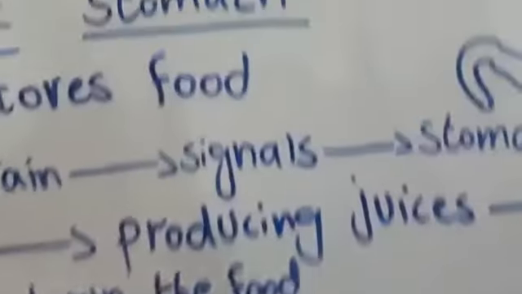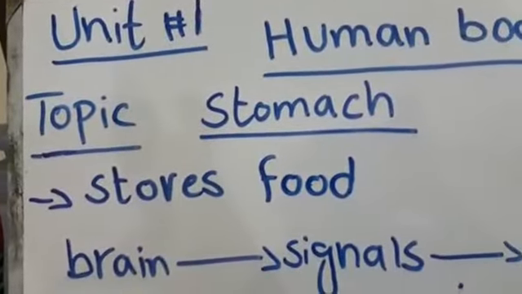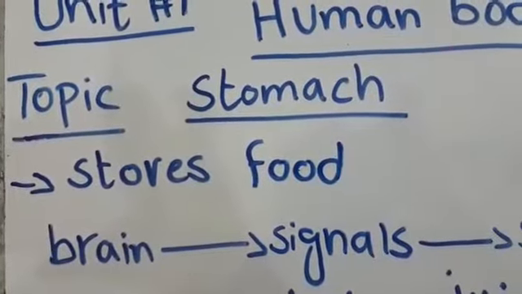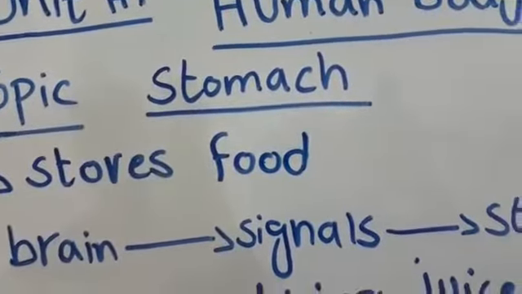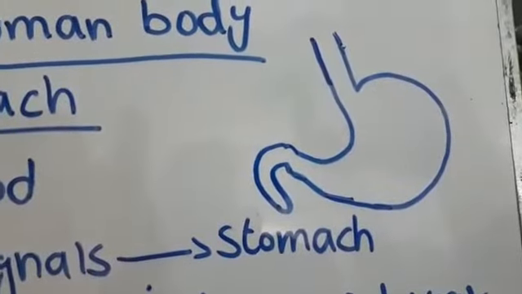In unit number 1, human body, the topic we are dealing with now is stomach. Look at stomach. On page number 5, there is a clear picture of the stomach.